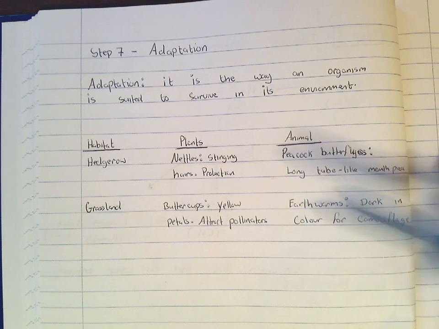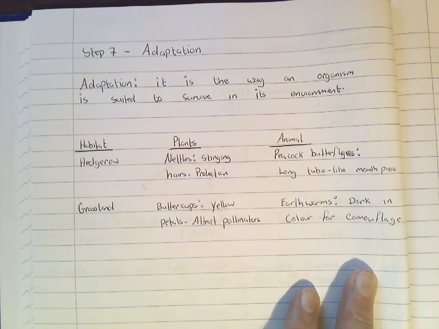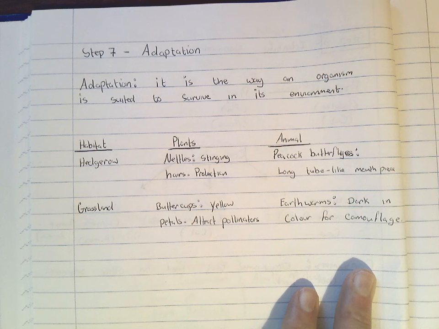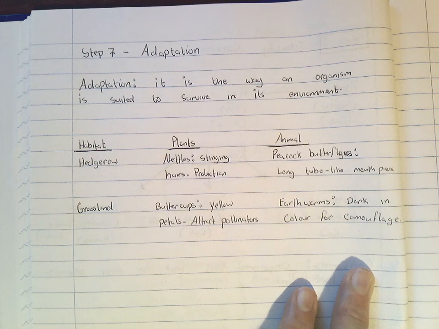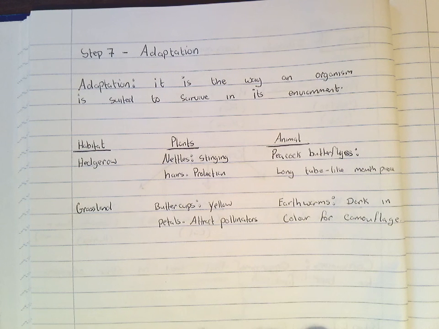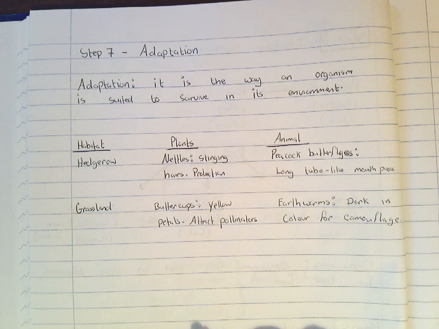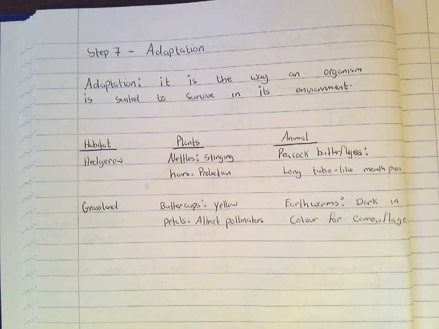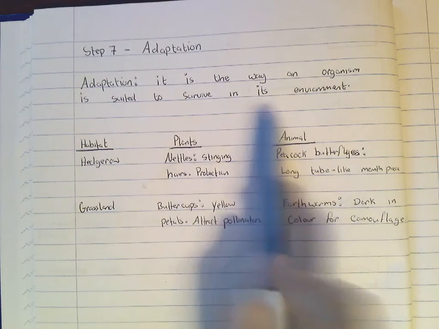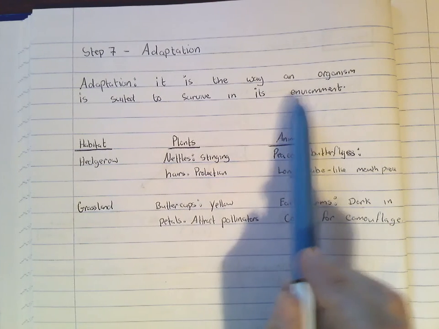Now, if you were to take that same adaptation, so if you were to take a polar bear and put it into a really hot, desert-type country, that adaptation would be a disadvantage to the animal, because it wouldn't be able to cool down, and it would overheat, its body isn't going to function properly, and it'll die as well. So these adaptations go in line with the environment that the organism is in.